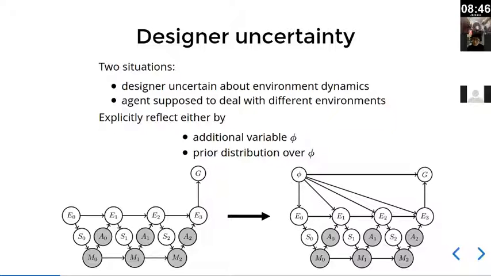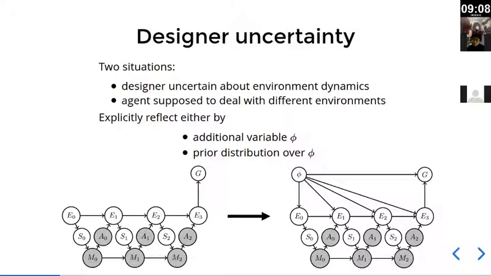The first is if you as the designer are basically uncertain about the environment dynamics. So you want to make an agent, but you don't know which one of a few different possible environments this agent is going to be faced with. That's one situation.